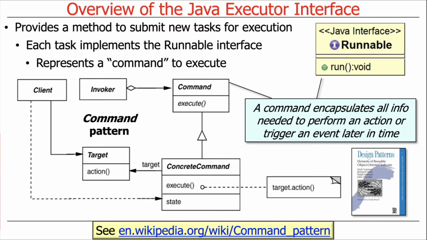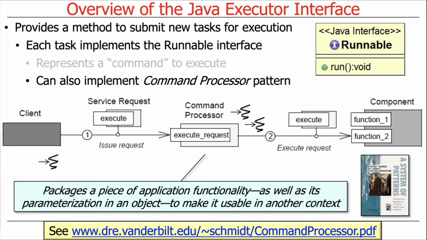And this particular approach, this command, is another pattern from the good old Gang of Four book called the Command pattern. And if you read the Gang of Four book, you'll see that a Command pattern encapsulates all the information needed to perform an action or trigger an event later in time. When you start using Runnable with the Executor framework, then it really becomes the Command Processor pattern.